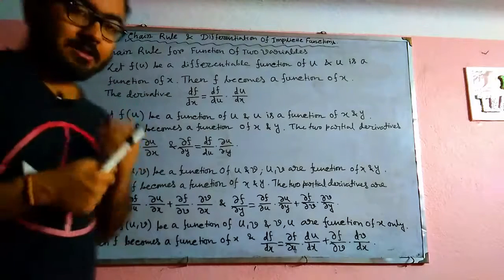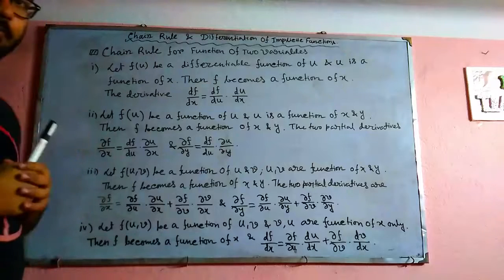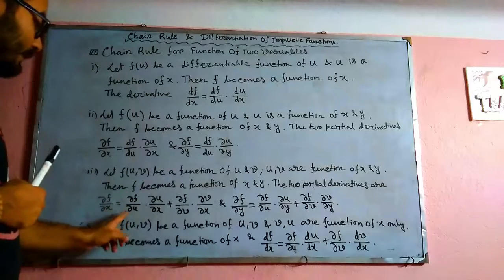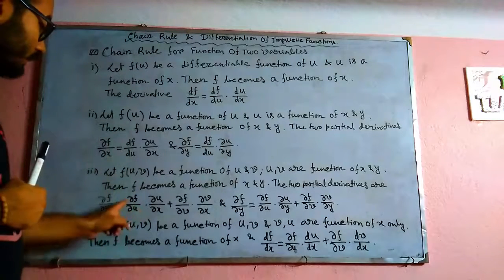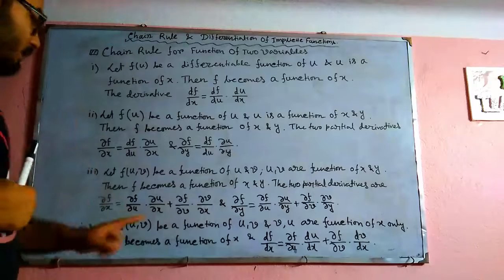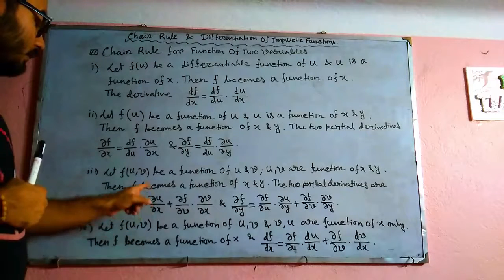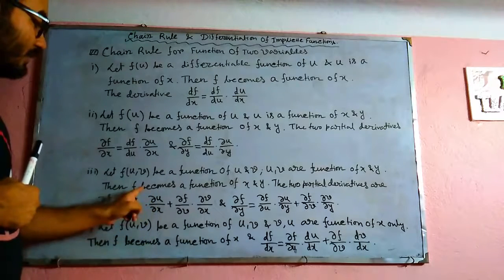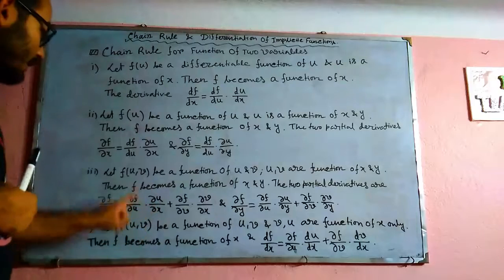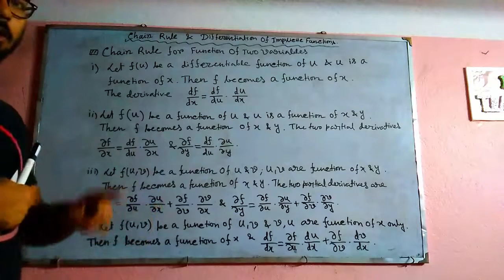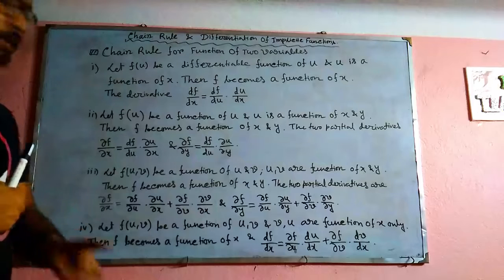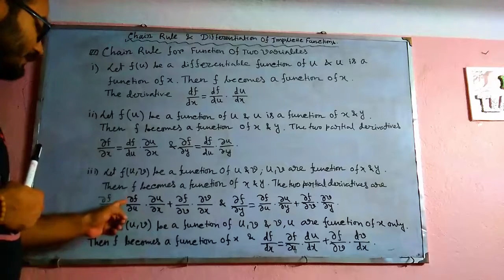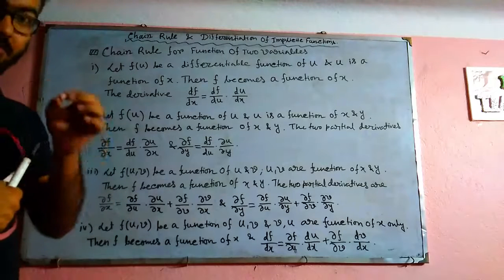Then the two partial derivatives are: del f/del x is equal to del f/del u, because f is a function of u and v, into del u/del x. We have written del because f and u both are multivariate functions. That is why we have written del instead of d.